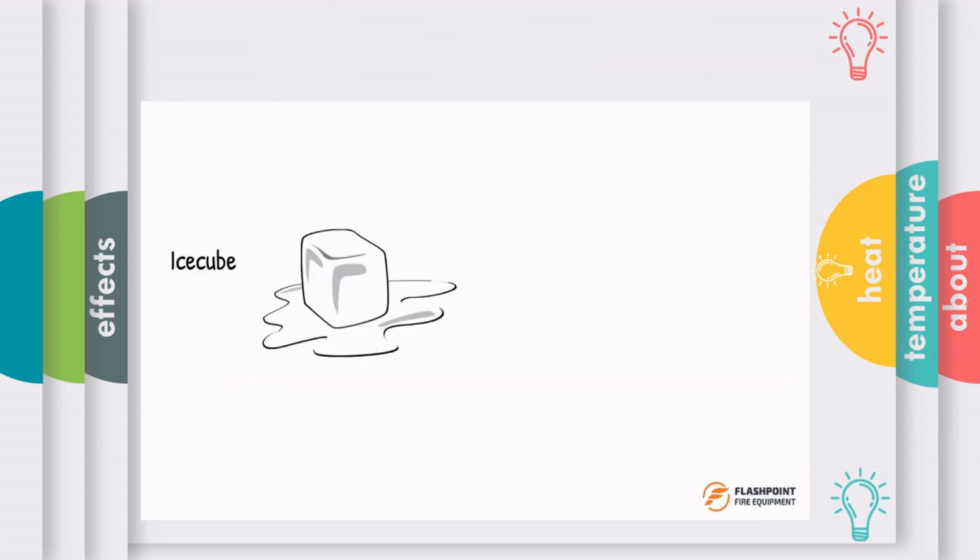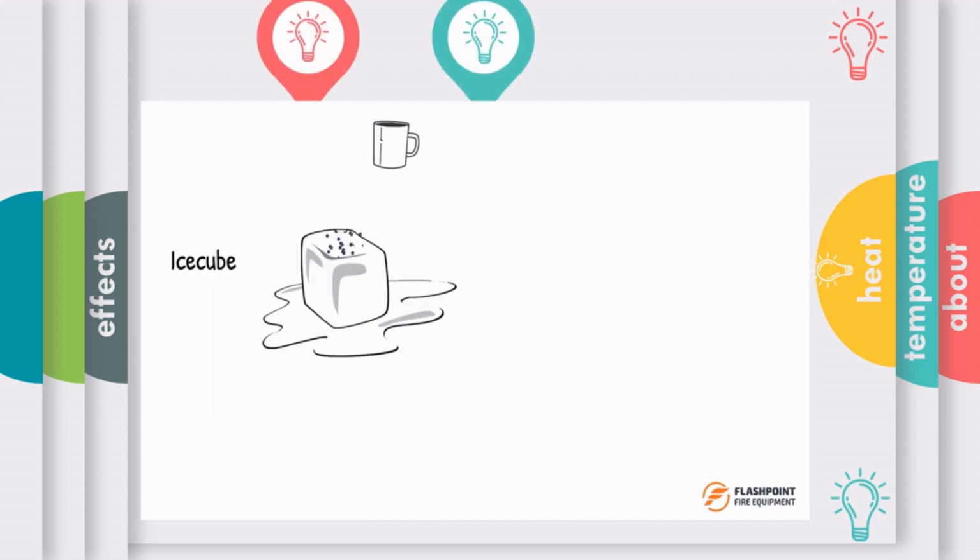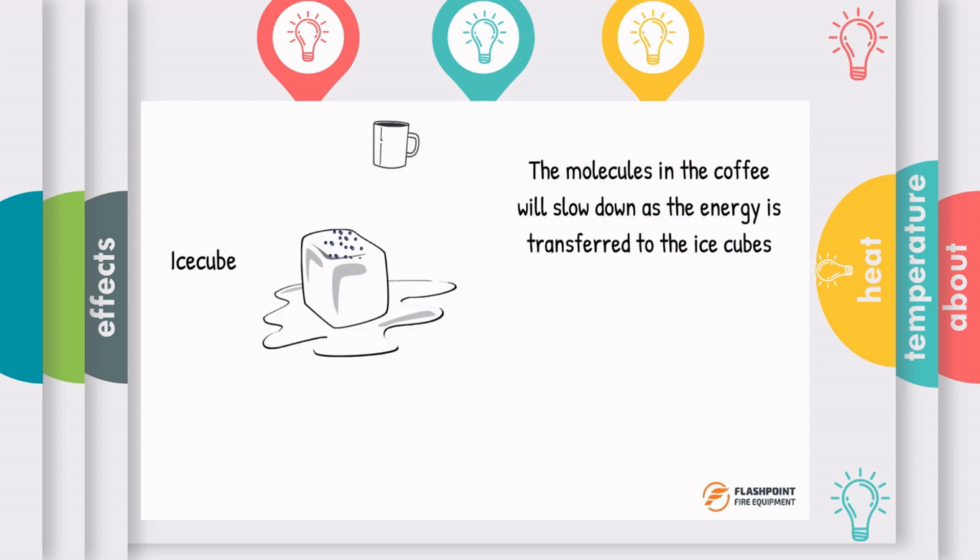Example, if I were to pour a cup of coffee over the ice cube, the same transfer of energy would occur with the faster molecules of the coffee transferring their energy to the slower moving molecules in the ice cube. As the molecules in the ice cube speed up with their newfound energy, the molecules in the coffee will slow down as the energy is transferred to the ice cube.